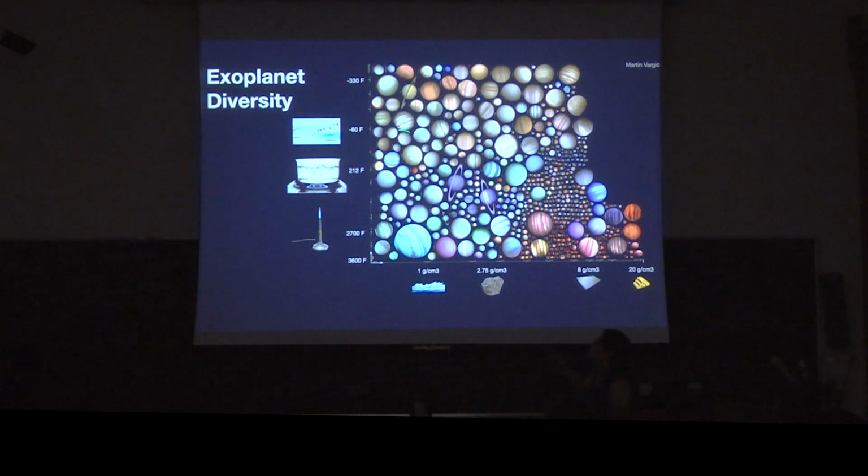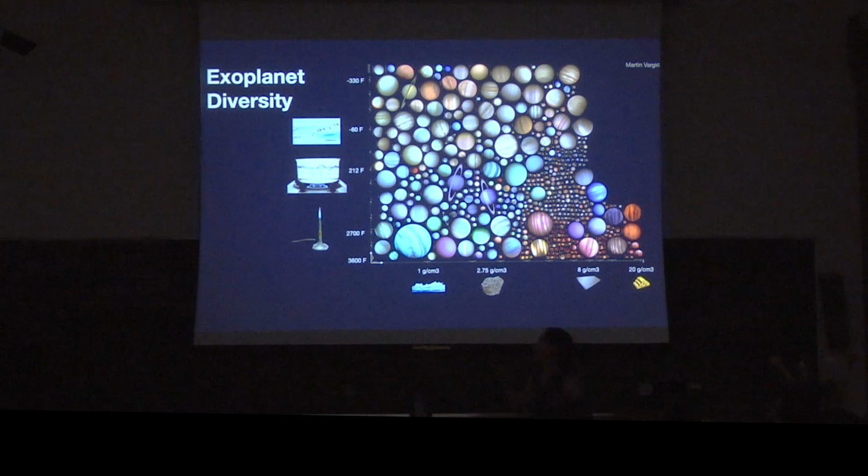So, you see things in here that look kind of like Jupiter and Saturn. You see little guys that are more like Earth, Mercury, Venus, Mars. So that's what you're seeing in the pictures here. These are spread out in a space that shows you temperature going vertically and density going horizontally.